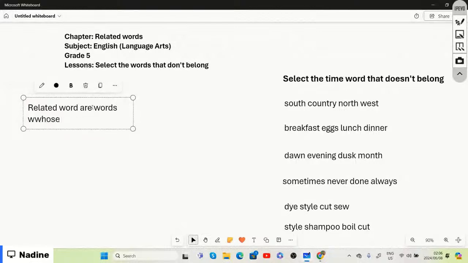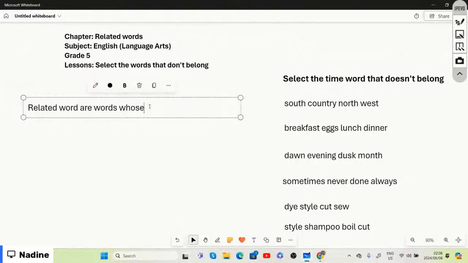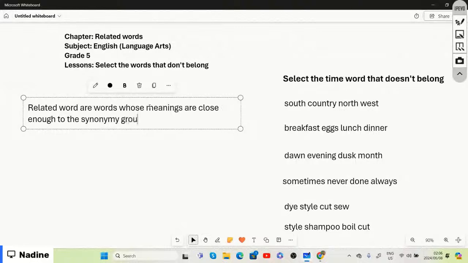All right, so when it comes to related words, related words are words whose meanings are close enough to the synonymic group, like the synonyms group, to be of interest to the user.